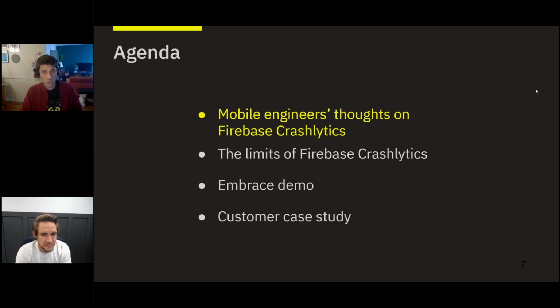Then we're going to have Colin Anderson do an Embrace demo, and he'll cover 3 key ways that Embrace can help you deliver better mobile experiences. And finally, we'll wrap up and show what Colin showed in the demo in a case study. We'll explain how the Embrace product actually helped a big e-commerce marketplace platform to better proactively address issues and improve their app performance.